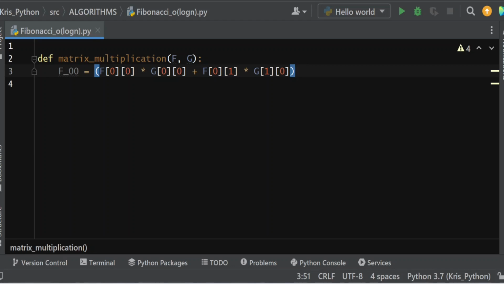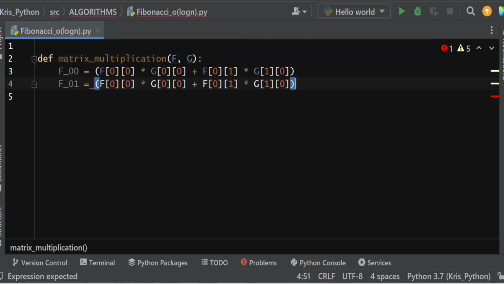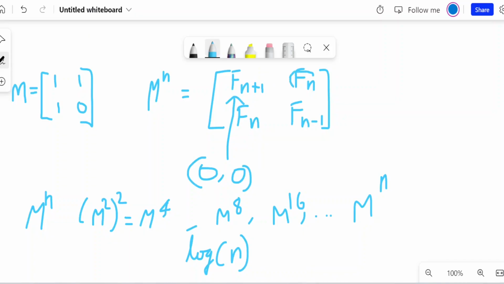This product right here will give us the very first cell in the matrix. This will be our cell 0, 1.